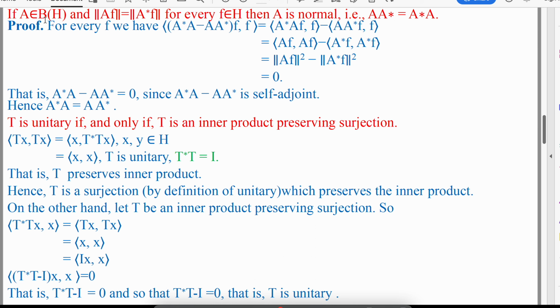Let A belong to B(H) and norm of AF is equal to norm of A star F for every F belonging to H. Then A is normal, means A star A equal to A A star.